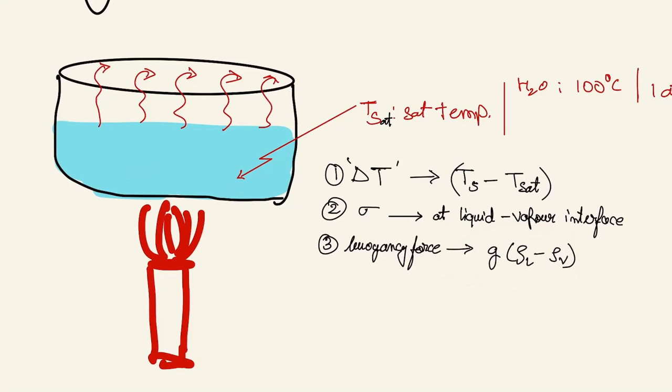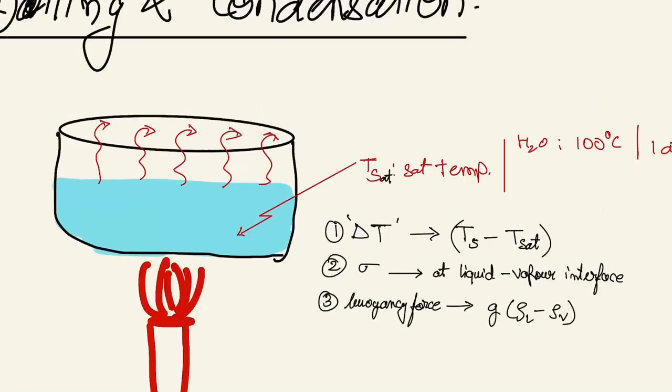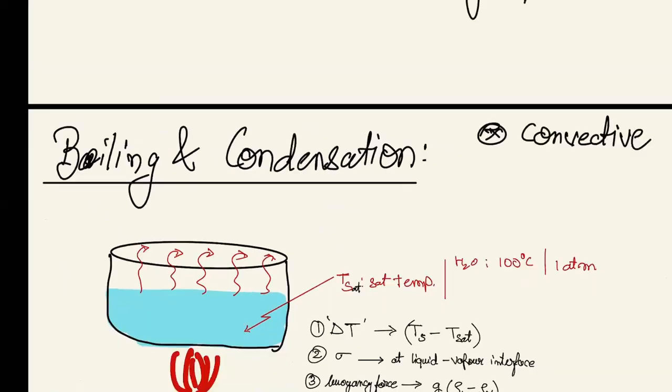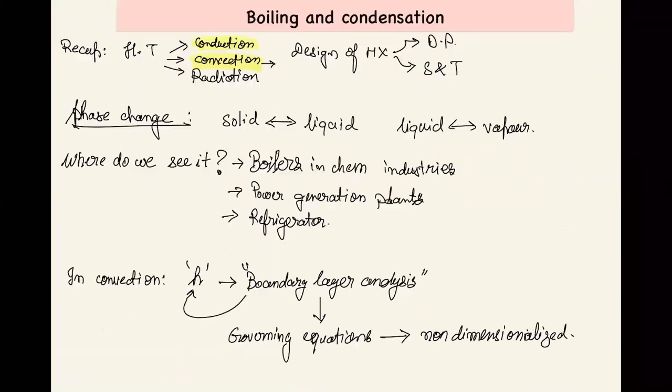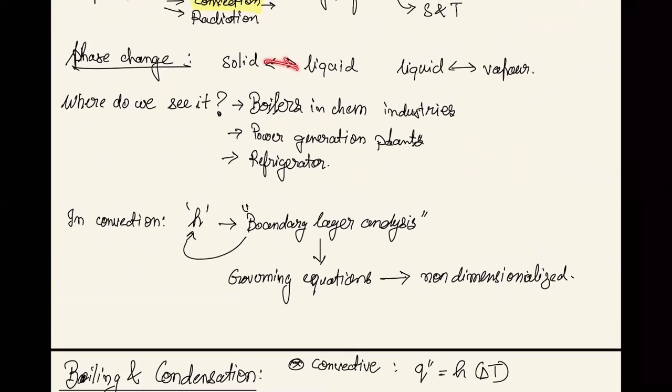Now if I change the fluid, its latent heat changes. Whenever this fluid has to go from one phase to another, latent heats are exchanged. So when a liquid has to go from liquid to vapor, it has to take latent heat of vaporization, right? And whenever it has to come from vapor to liquid, it has to give away that energy. From ice to water, some latent heat is exchanged.